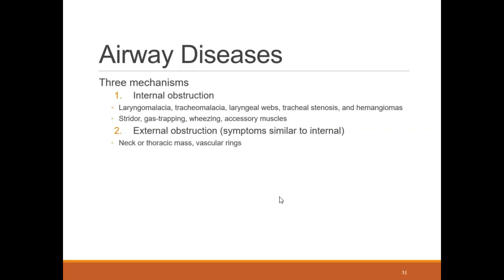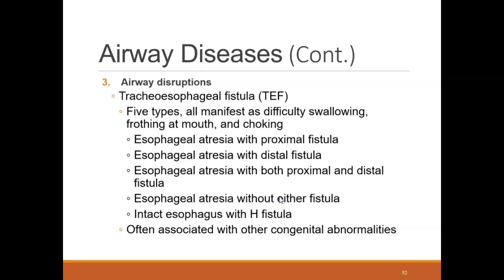These are obstructions that are happening outside of the airway but are compressing on the airway. Examples would be neck or thoracic masses or vascular rings, which can all be obstructions outside of the airway that can compress on the airway and cause issues.